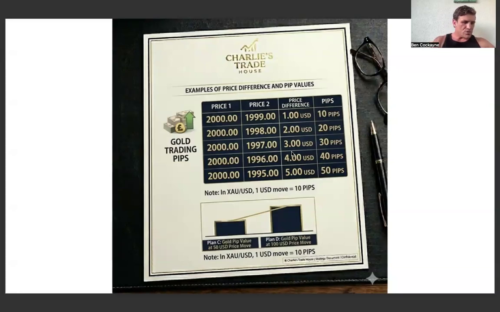So go to your MetaTrader 5, click on quotes, and you're going to see all these currency pairs. I want you to click the pencil icon, which is going to give you the opportunity to select all those pairs, and you're going to delete every single one that you see on your screen.